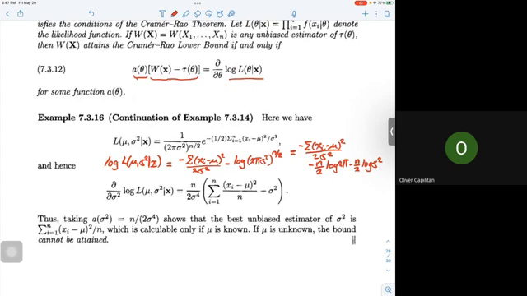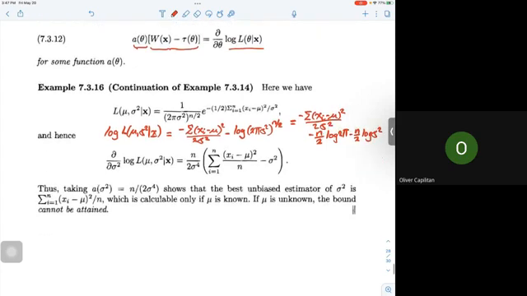So if we're going to take the derivative of this with respect to our parameter sigma square. Okay? Mu is still unknown, but we're going to estimate it. This estimation, we're estimating our population variance sigma square.